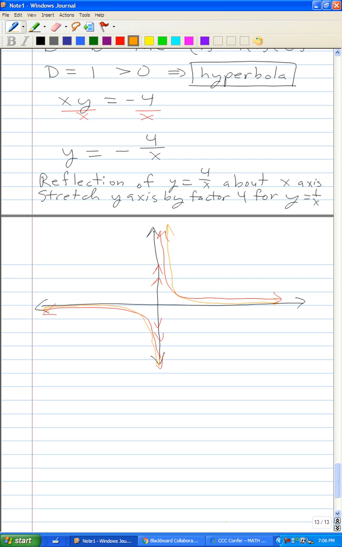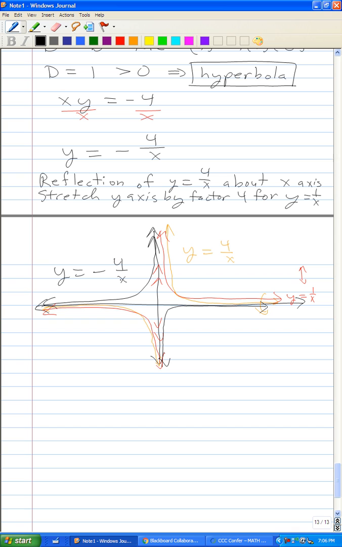Okay, so this was first the graph of y equals 1 over x, and then I stretched it by a factor of 4 to the graph of y equals 4 over x, and then let's reflect. And so I get something looking like this. So this is the graph of y equals negative 4 over x.